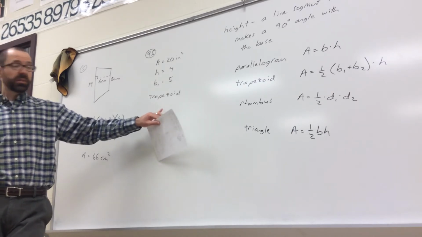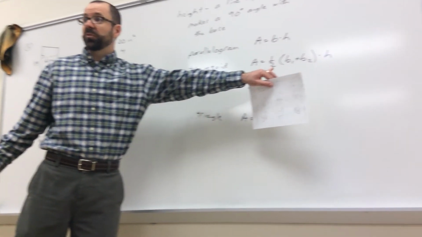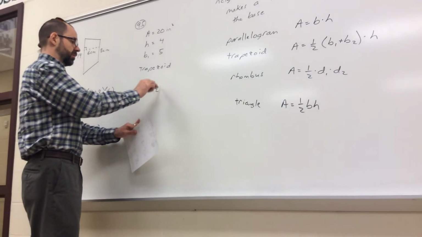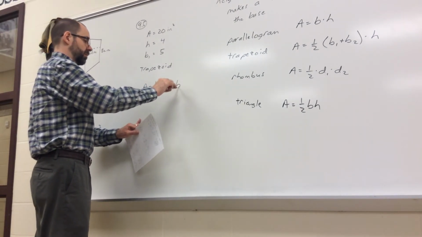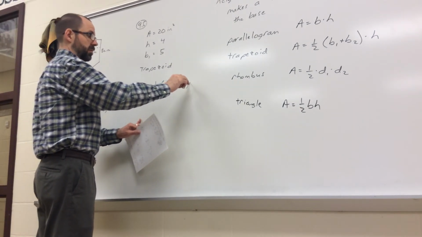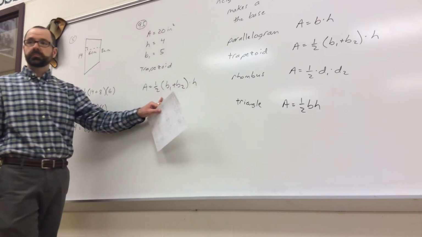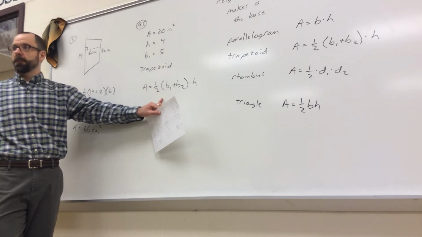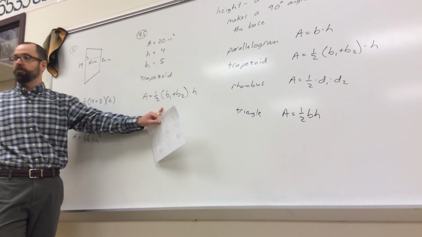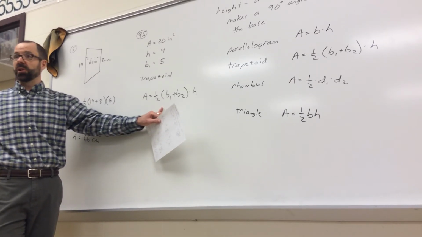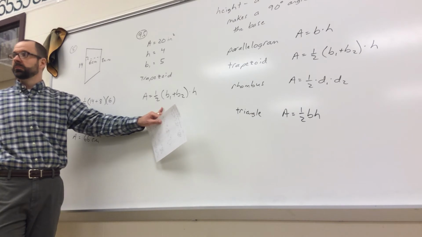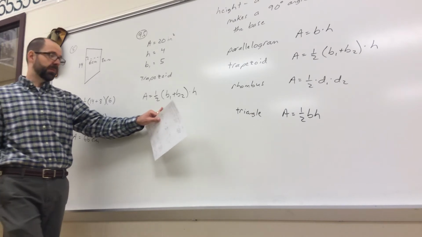So this is a trapezoid. So that means we're going to use the trapezoid formula. So where does the 4 go? Yep.